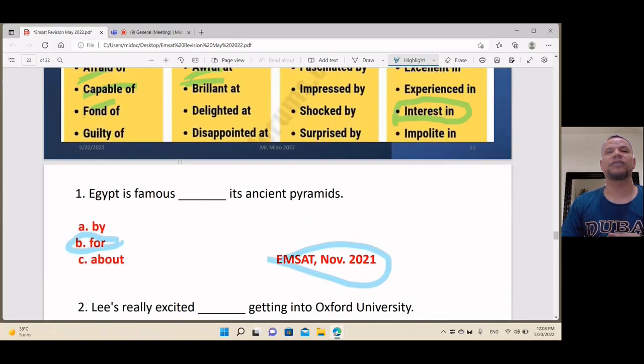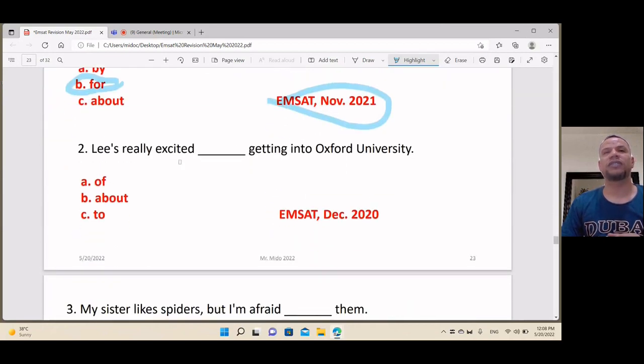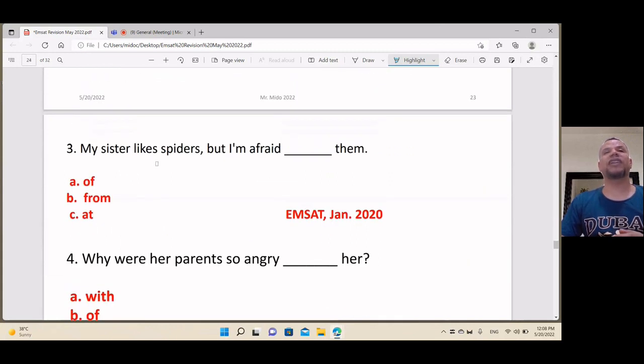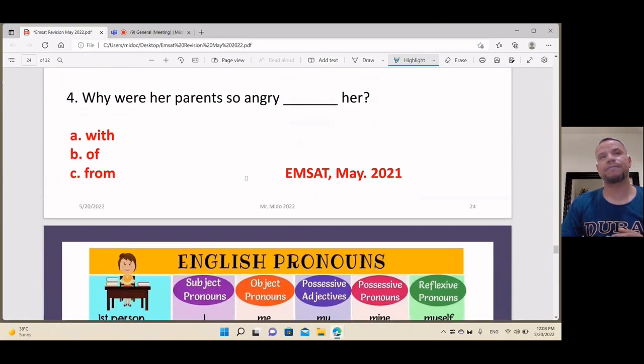Excited what? Excited about. Yes, excited about getting into Oxford University. My sister likes spiders. This is EmSAT Jan 2020. My sister likes spiders, but I'm afraid. Yes, afraid of them.